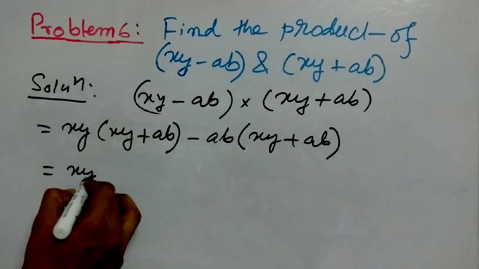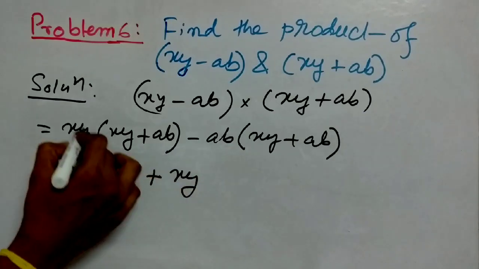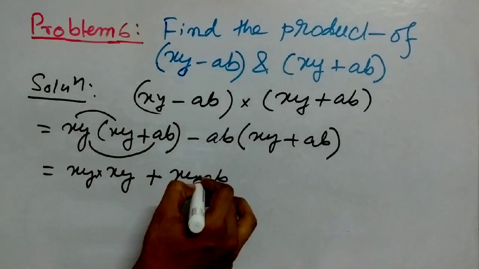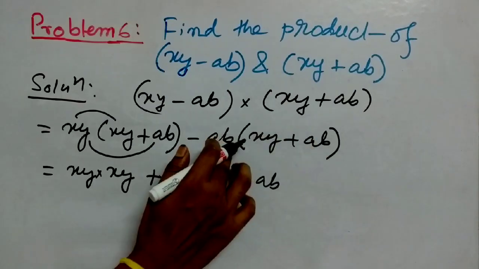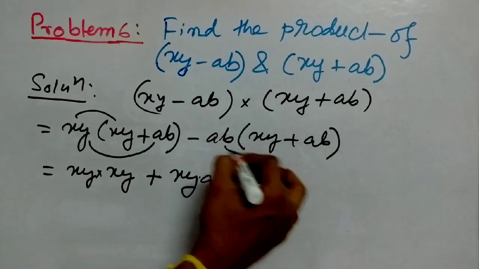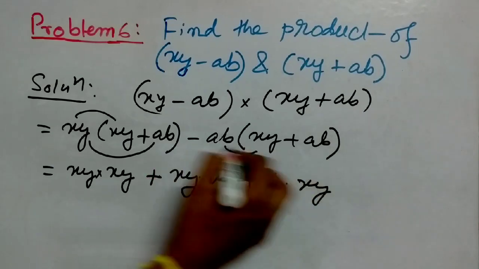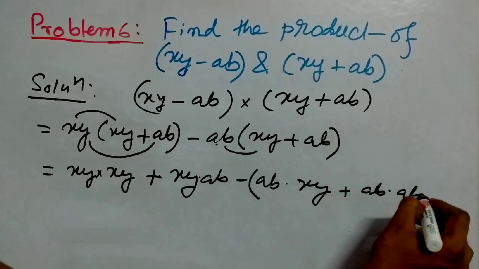So xy into xy plus xy into ab is done. Now minus this ab into xy, so ab into xy, and this ab plus ab into ab.